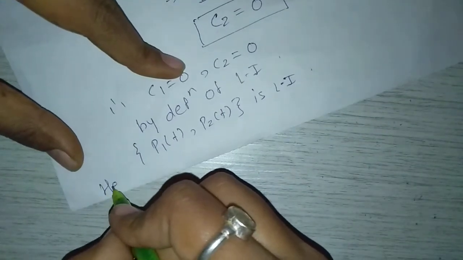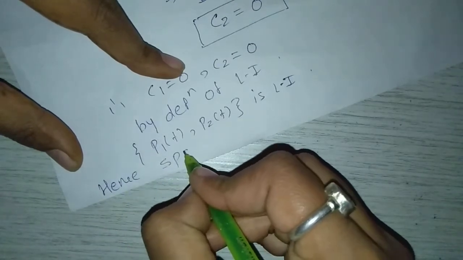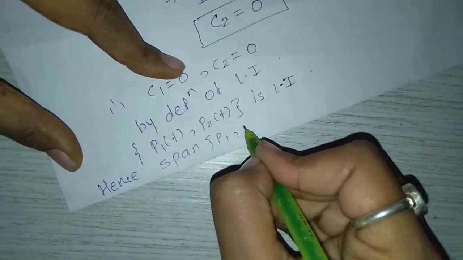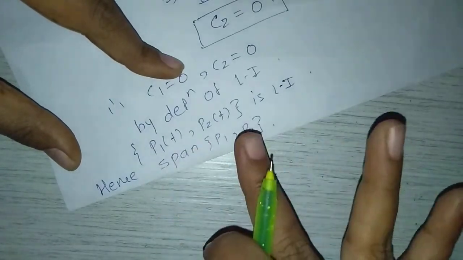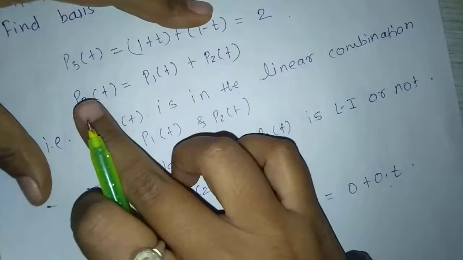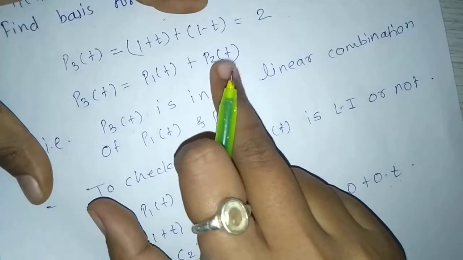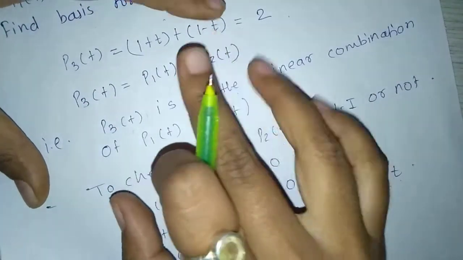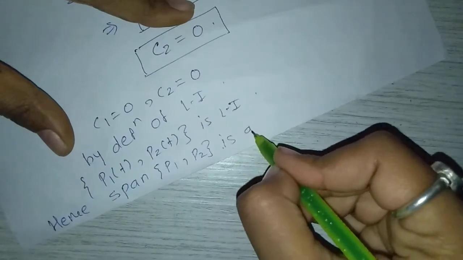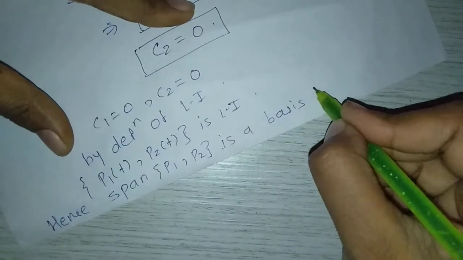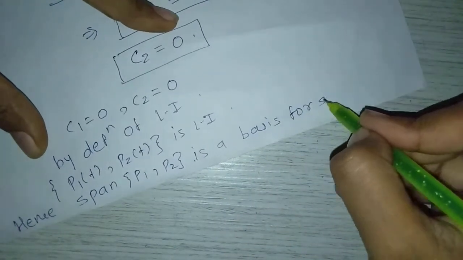Hence, we say that span of p1, p2 is a basis for span of p1, p2, p3, because p3(t) is a linear combination of p1(t) and p2(t).